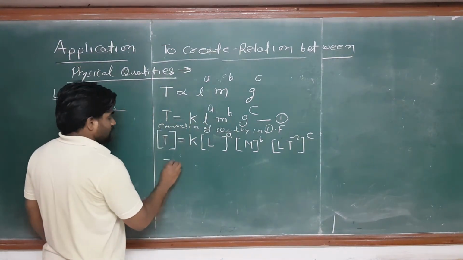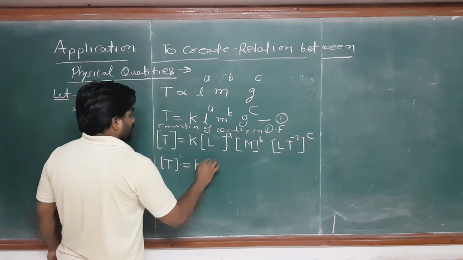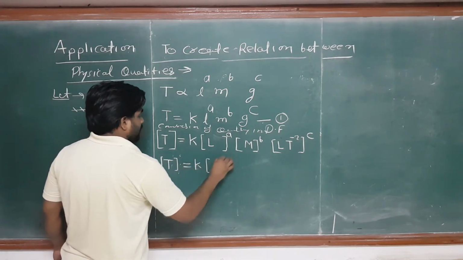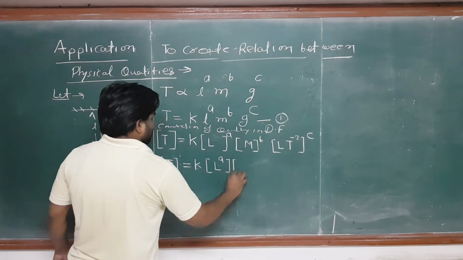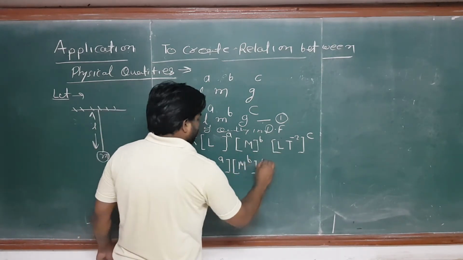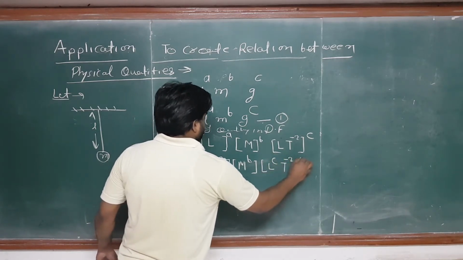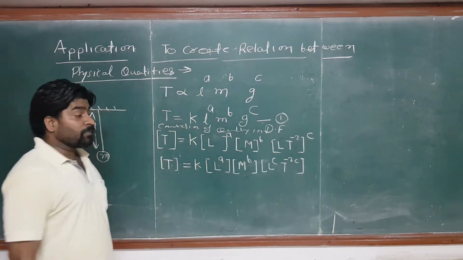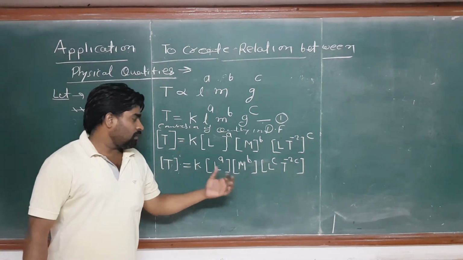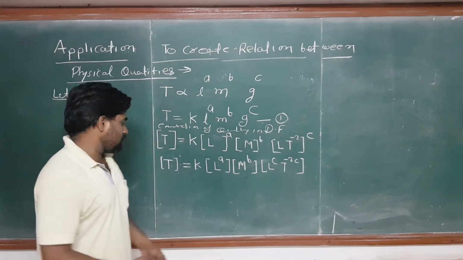So this is T to the power 1 equals K L to the power A, M to the power B. Opening the bracket, we get L to the power C, T to the power minus 2C. Now you can add the indices of the same bases.